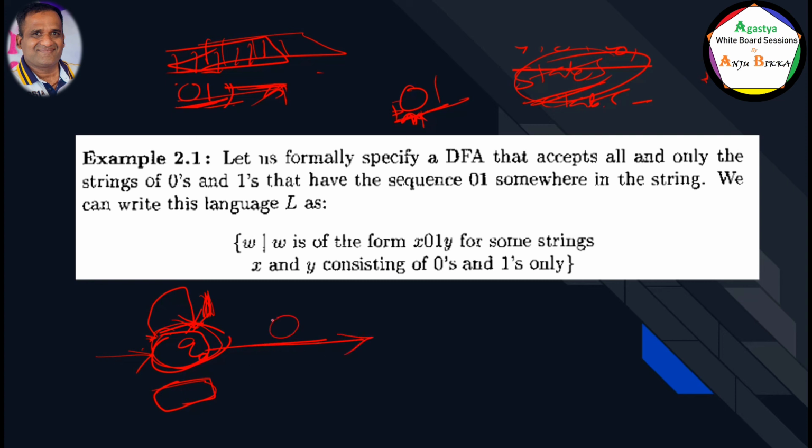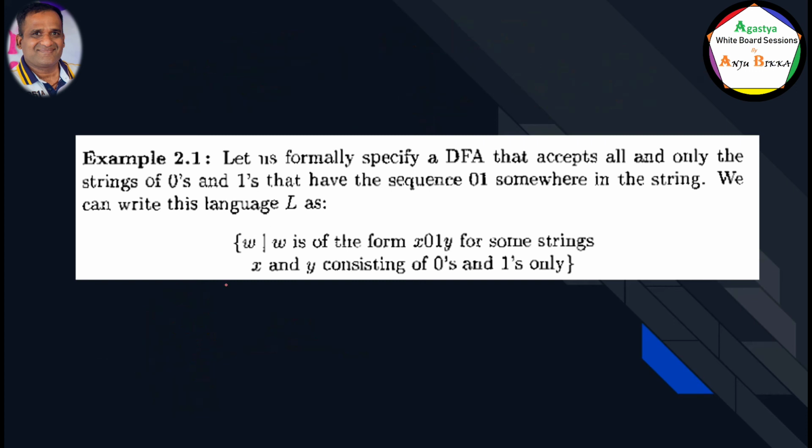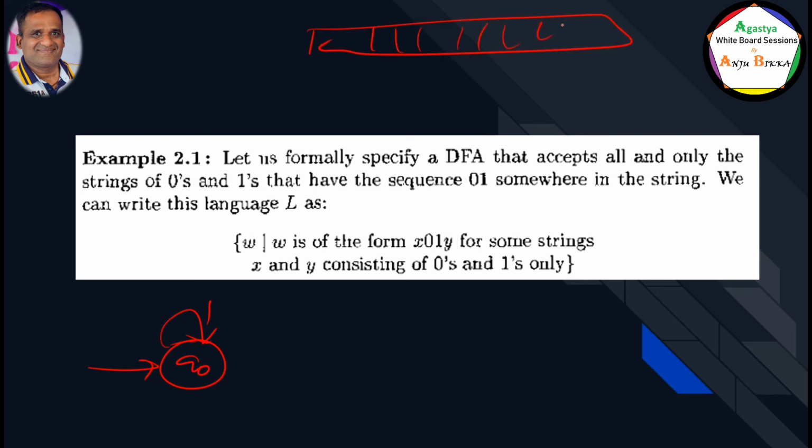Whenever it reaches symbol 0, it needs to remember. This is the state Q naught. Whenever 1 comes, the pattern is not there, so it moves on, still not having encountered any symbol of the pattern. When 0 is encountered, it doesn't know what is coming after 0.